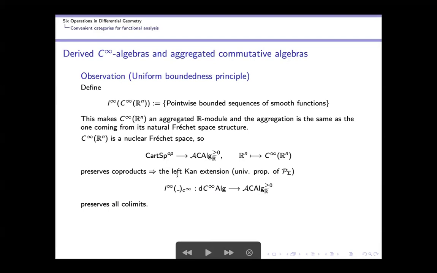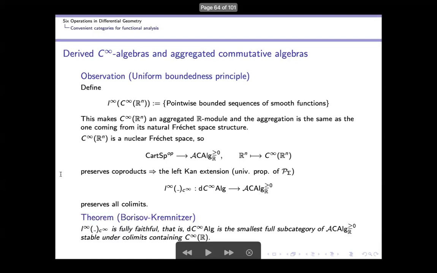Here's something about these C-infinity algebras that if you don't know, you can ignore: this embeds the theory of manifolds fully faithfully into the theory of algebras in this functional analytic setting. And now the discrepancy of these tensor products that I had on the slide before, the fundamental problem that the tensor product of modules is not the same as the tensor product of algebras, is fixed.